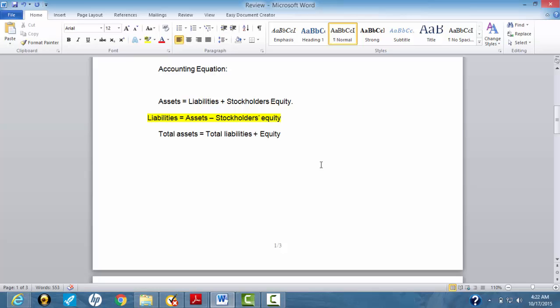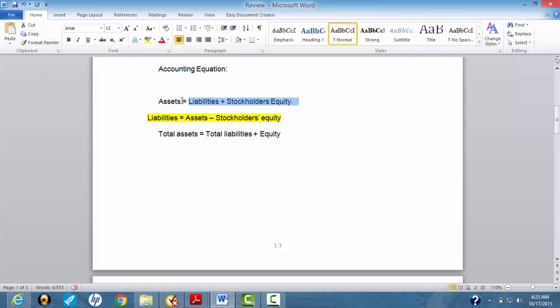Now, for every transaction, the accounting equation must hold, which means that for every transaction, assets should be equal to liabilities plus stockholders' equity. So if the left-hand side of the accounting equation increases by, let's say, 10, the right-hand side must increase by 10 as a result of the transaction.